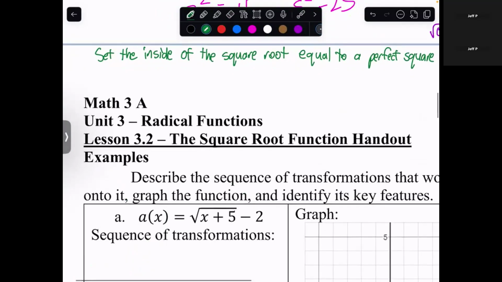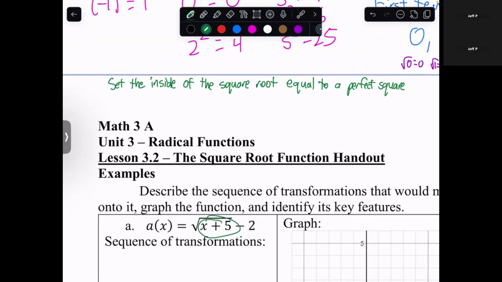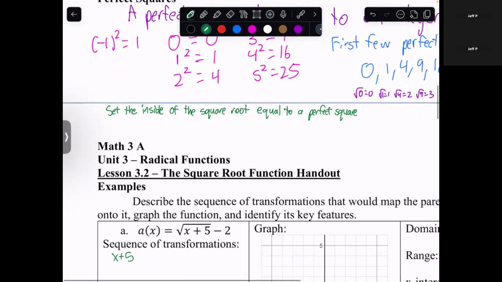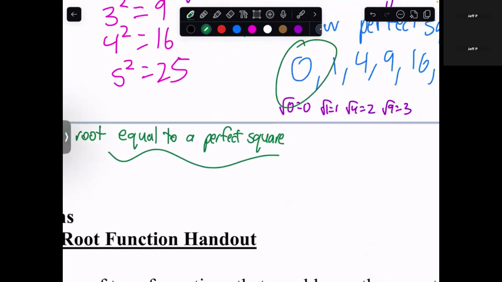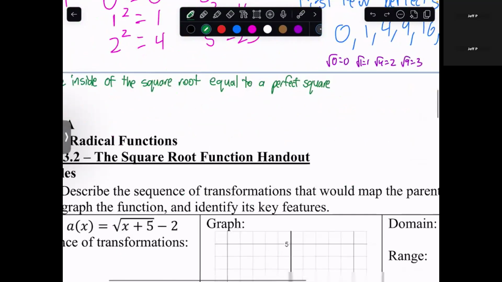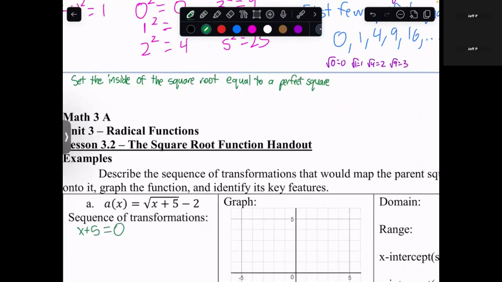For this first problem, the inside of the square root is x plus 5. I said set it equal to a perfect square. Our first perfect square is 0, so we're going to set it equal to 0. So set the inside, x plus 5, equal to 0. And then now solve for x.